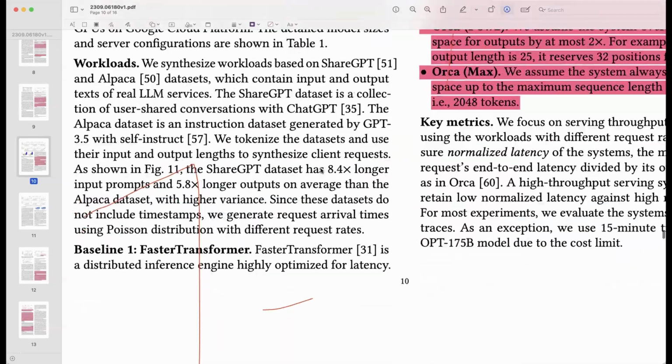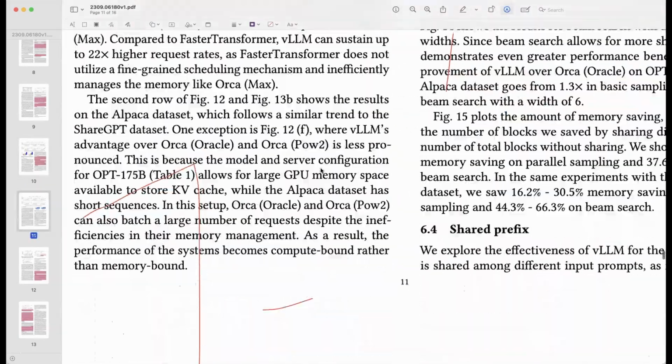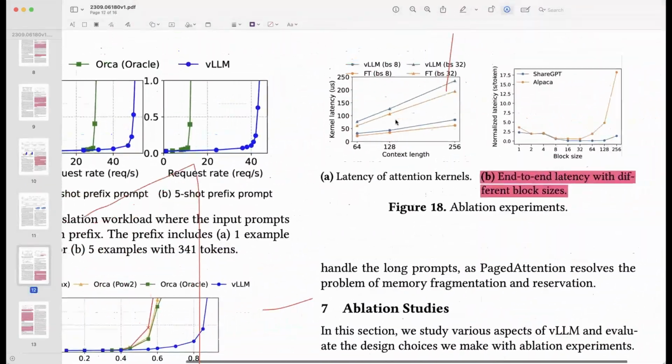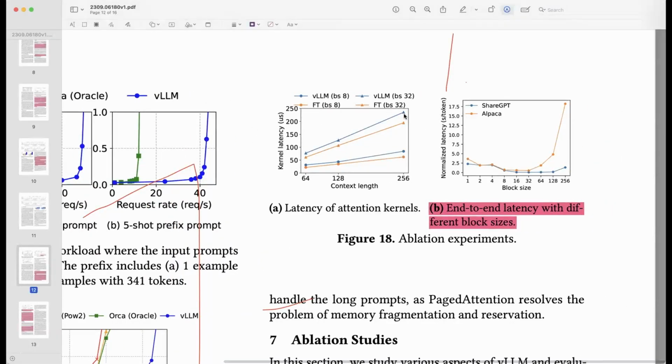So they do show that there is an increased cost in terms of latency, but it's not high. I guess the difference between FT and vLLM is not that huge, but it is higher. This is in microseconds, so it's a few hundred microseconds higher.